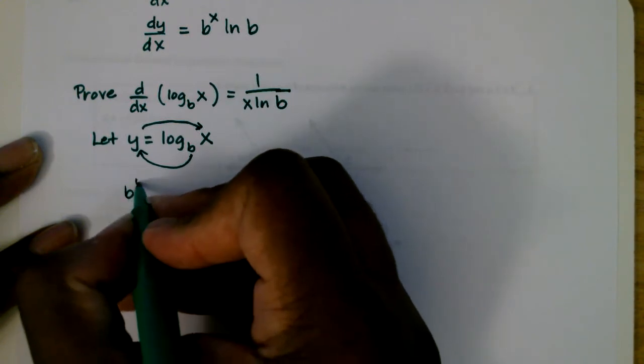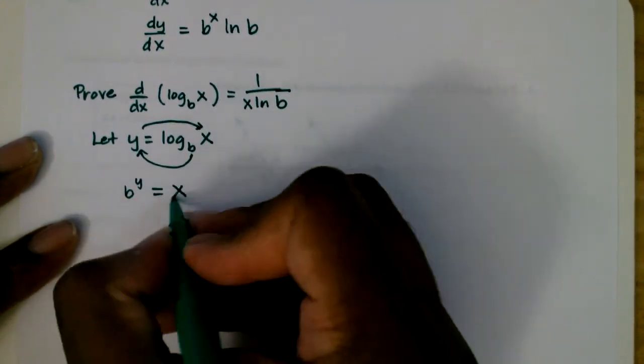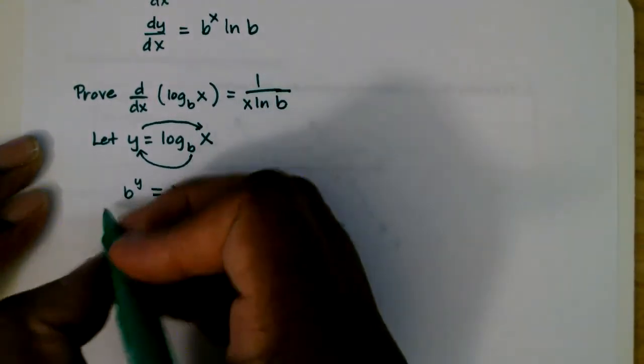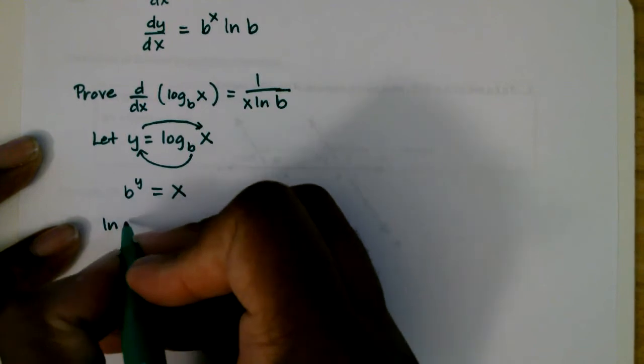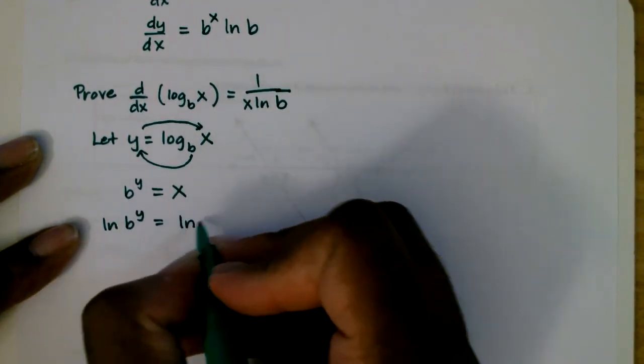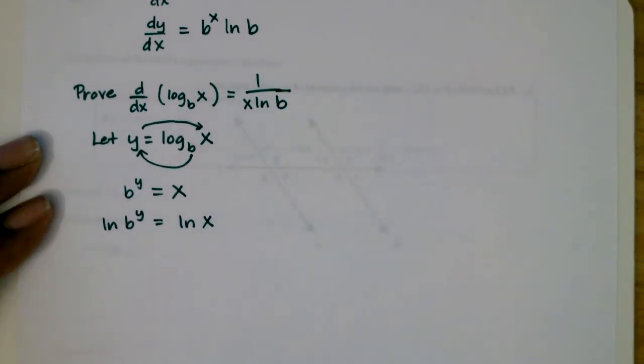So b to the y equals x. And then the next thing I'm going to do here, since it's an exponential equation, I'm going to take the natural log on both sides of this equation.